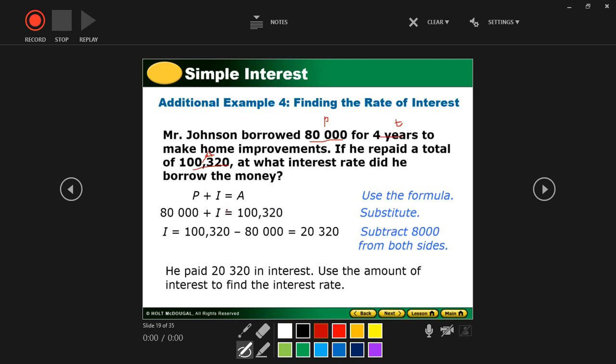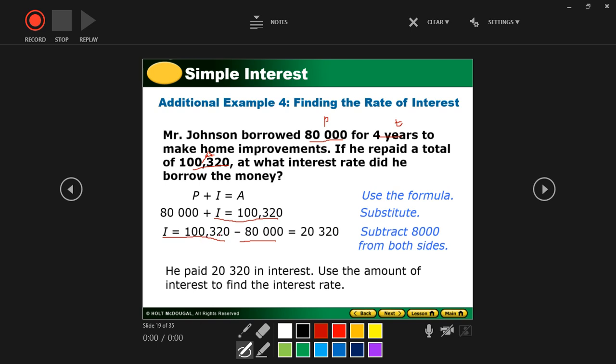So we solve for I, which is equal to, we copy this portion, then 80,000, we transpose it to the other side, from positive it becomes negative 80,000, no?